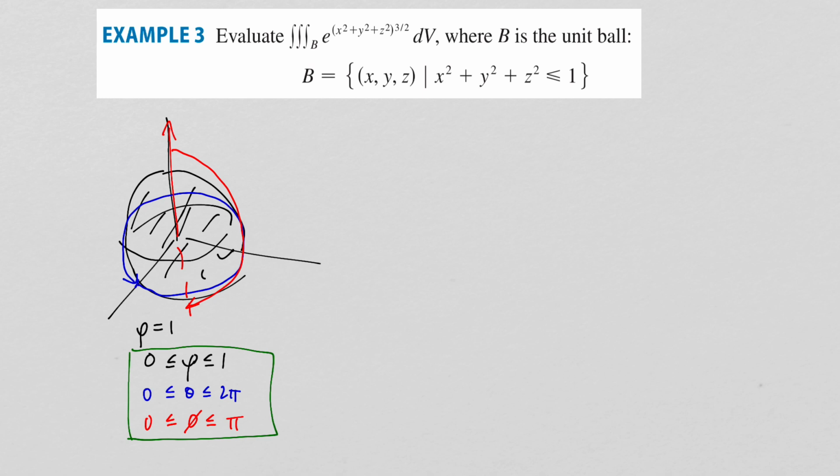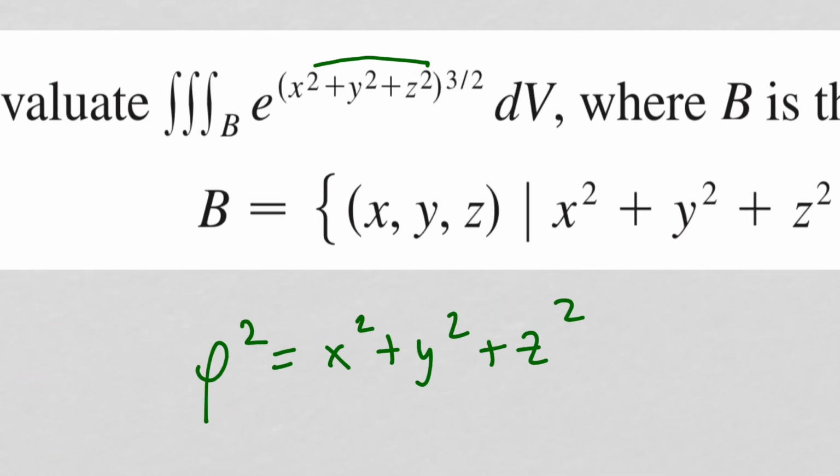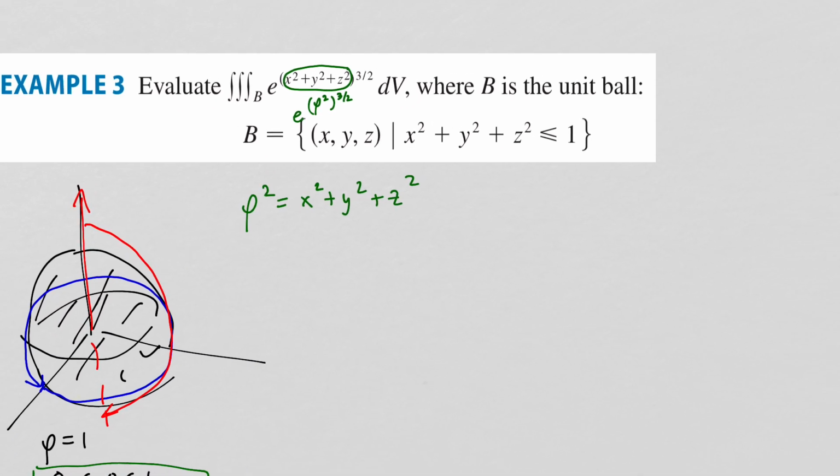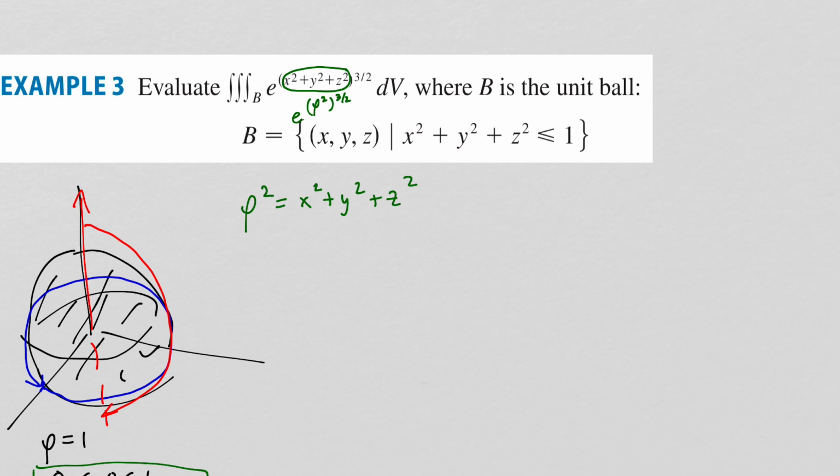Let's recall that rho squared is equal to x squared plus y squared plus z squared. So in the function here, I'm going to replace x squared plus y squared plus z squared with rho squared. Then that's raised to the 3/2 power, and then we have e to that. So that's just going to be e to the rho cubed.